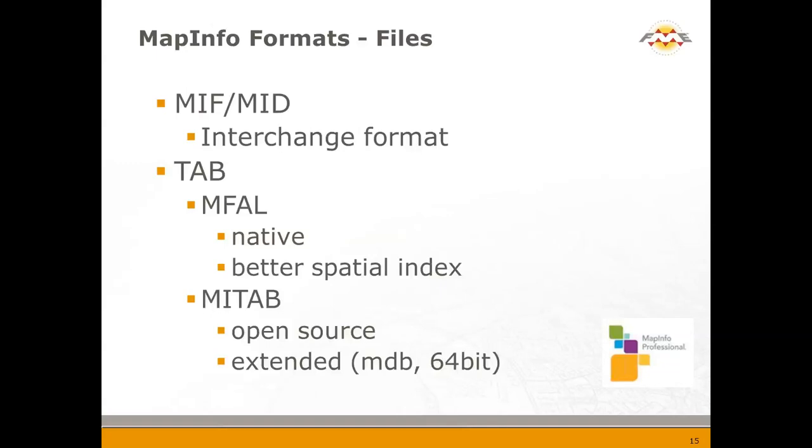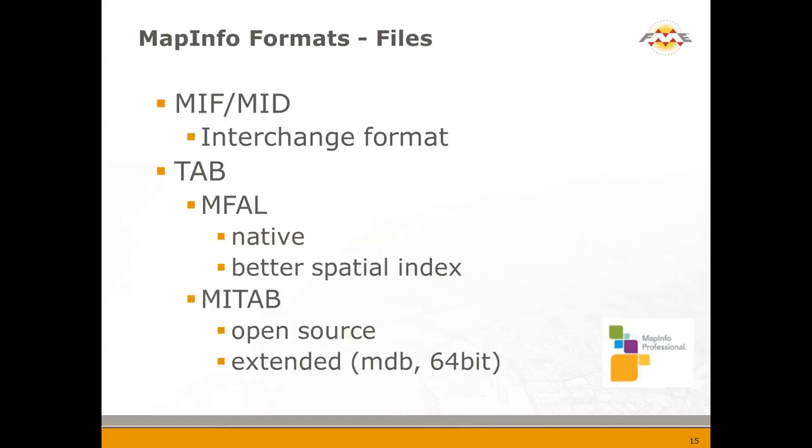And then with tab, this can be a little bit confusing because there are two libraries. There's MFAL, which is the native MapInfo tab reader and writer, and then there's MyTab, which is the open source one. You can get a bit of debate back and forth about which one is better.